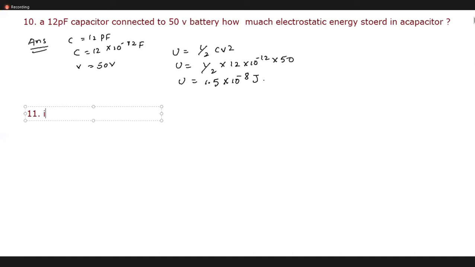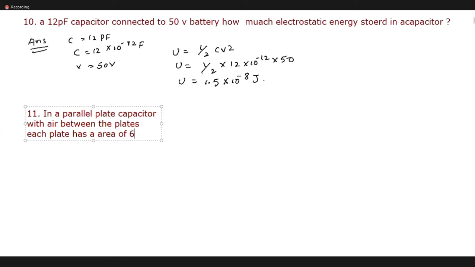In a parallel plate capacitor with air between the plates, each plate has an area of 6 into 10 to the power of minus 3 meter squared.